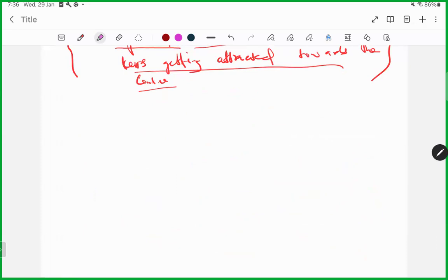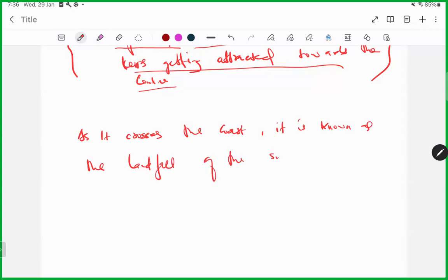Those cyclones originate majorly in the ocean, but as they cross the coast and reach the land surface, it is known as the landfall of the surface, because the moisture is cut off.